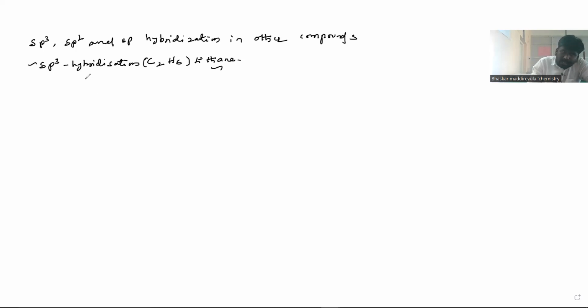In each carbon, atomic number 6, the excited state electronic configuration is like this: 1s2, 2s1, and 2p3. I'm writing directly the excited state electronic configuration: the 2s, the 2px, 2py and 2pz.